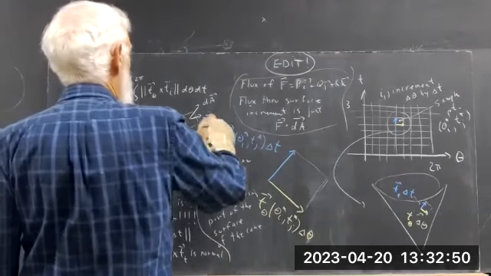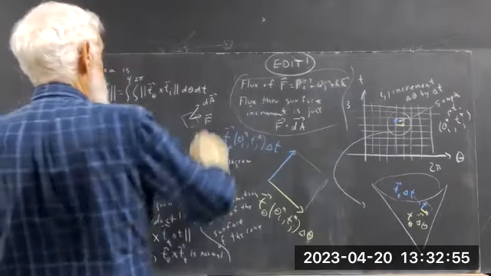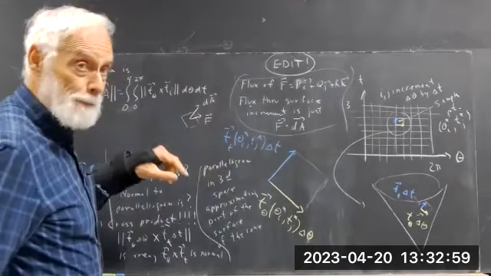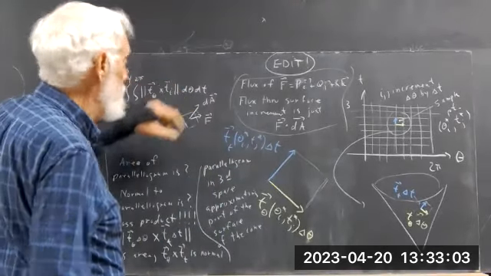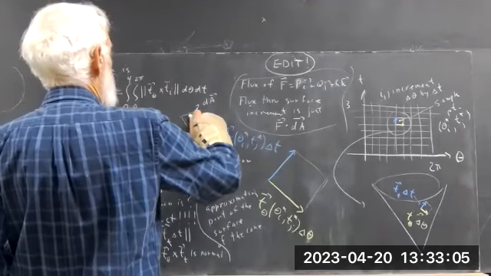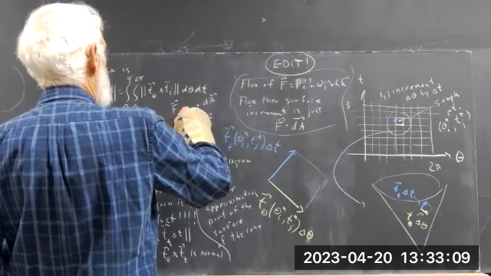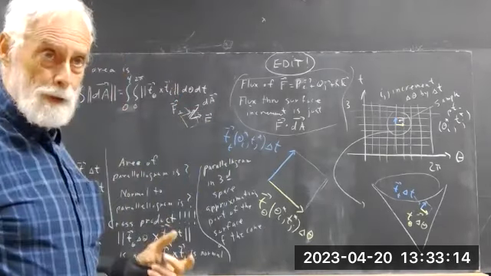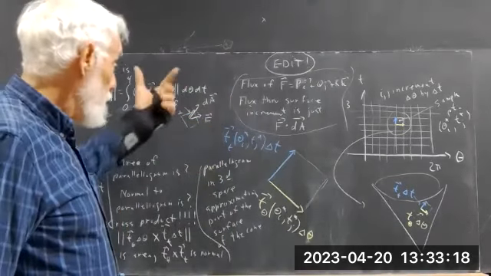And you want the component of this thing that's in the direction through the increment. So you project this back onto here. Okay. And there's your F perpendicular. And then you multiply that by the area. But that just comes out F dot dA.